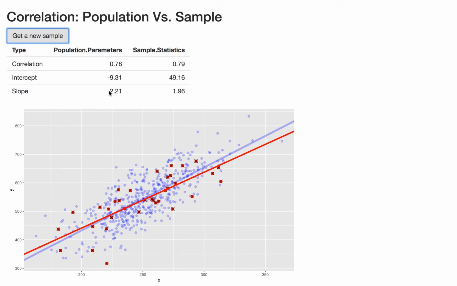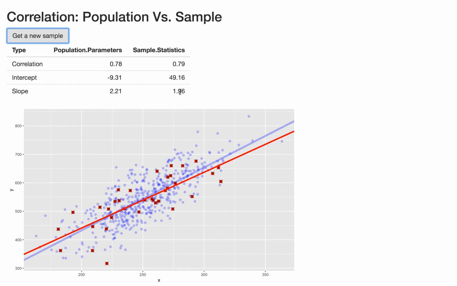We know that we have a population level slope and a population level intercept, but when we only look at a sample of data and build our regression line from that, we're going to see slightly different values for both the slope and the intercept. So we can do inferential statistics at that level as well. Can we say, based on this sample slope that we get, our estimate for that population parameter, that it's different enough from zero that our slope is truly non-zero?